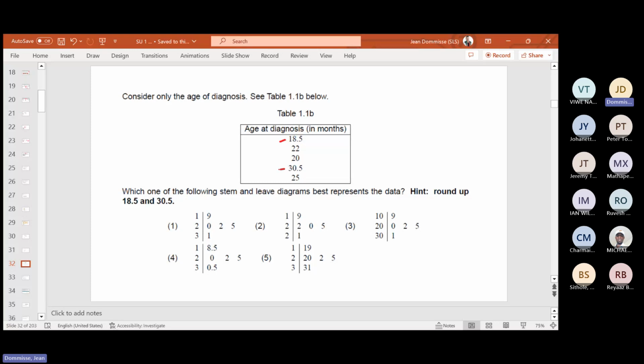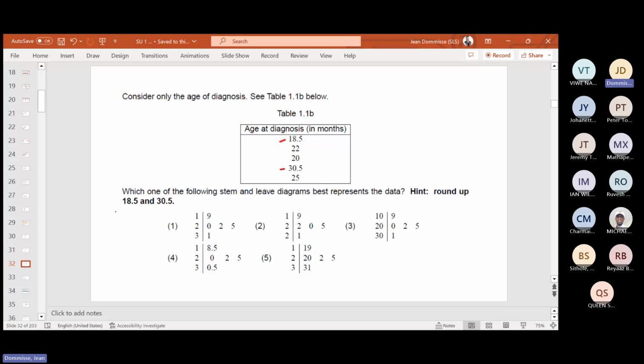This is actually stupid, they should have just done it in the table. So normally this will already have been rounded up, but if not, just remember that tip that they have given you. Okay, so then they give us 5 options.